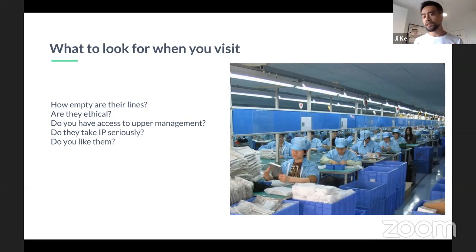All those kinds of things play a role in ultimately how long your partnership lasts, right? If some problem happens on the line, will you be able to just give them a call and say, hey, can you help me out and solve this? Or do you have to go through a climbing-a-ladder kind of channel, which is going to waste time, waste money, and ultimately delay your production as a startup? You just do not have time to do that.